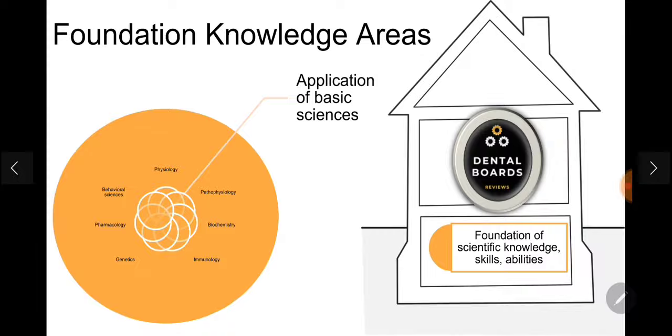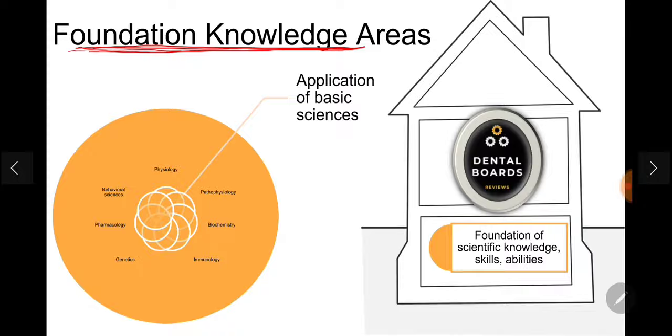The foundation knowledge part encompasses about 10 areas. It's called foundation knowledge because it's the basic knowledge that you need even to become a dentist, even to go into dental school.